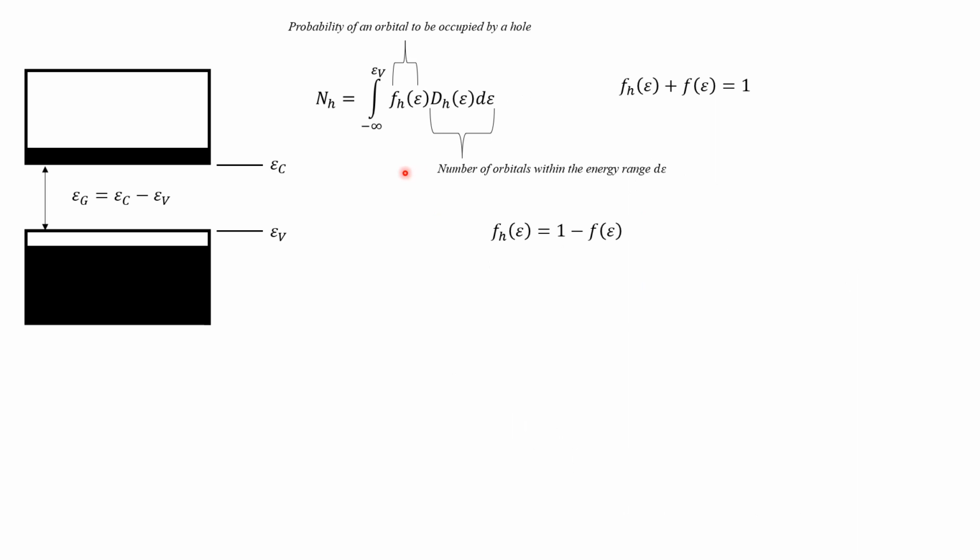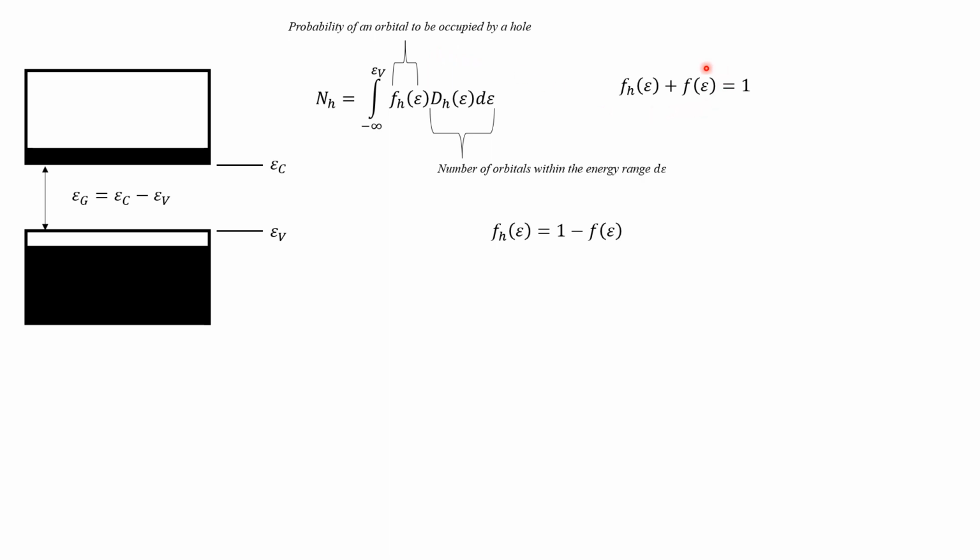Okay, so let's begin by finding the probability of an orbital to be occupied by a hole. Since a hole is an unoccupied orbital in the valence band, then the probability of an orbital to be occupied by a hole is identical to the probability of an orbital to be unoccupied by an electron.